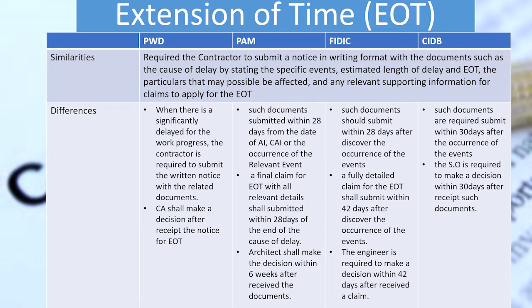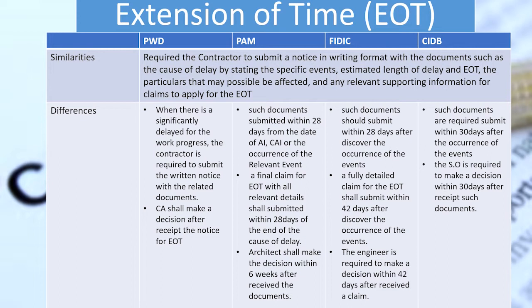and the CA should make a decision after receiving the notice of EOT. In PAM, such documents are required to be submitted within 28 days from the date of architect's instruction or confirmation of architect's instruction or the occurrence of the relevant event. A final claim for EOT with all relevant details should be submitted within 28 days of the end of the cause of delay.